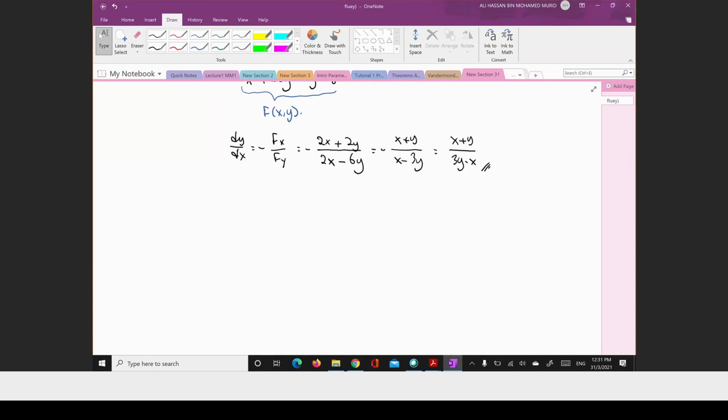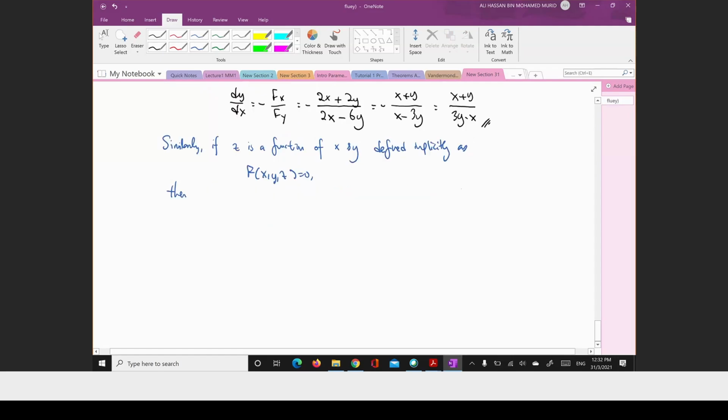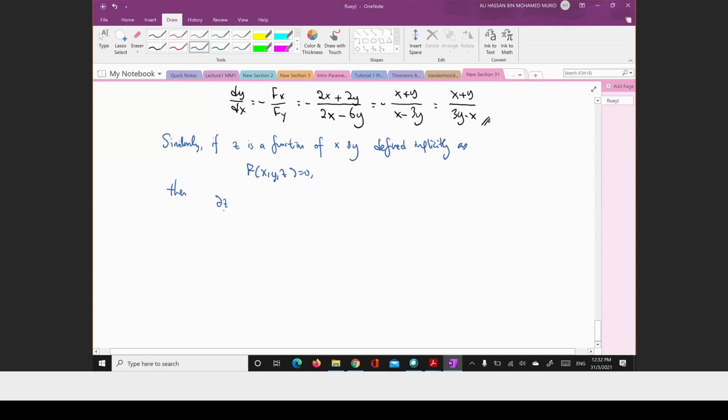Similarly, if z is a function of x and y defined implicitly as f(x, y, z) equal to 0, then z partial x can be defined as minus f partial x over f partial z, and z partial y is equal to minus f partial y over f partial z.